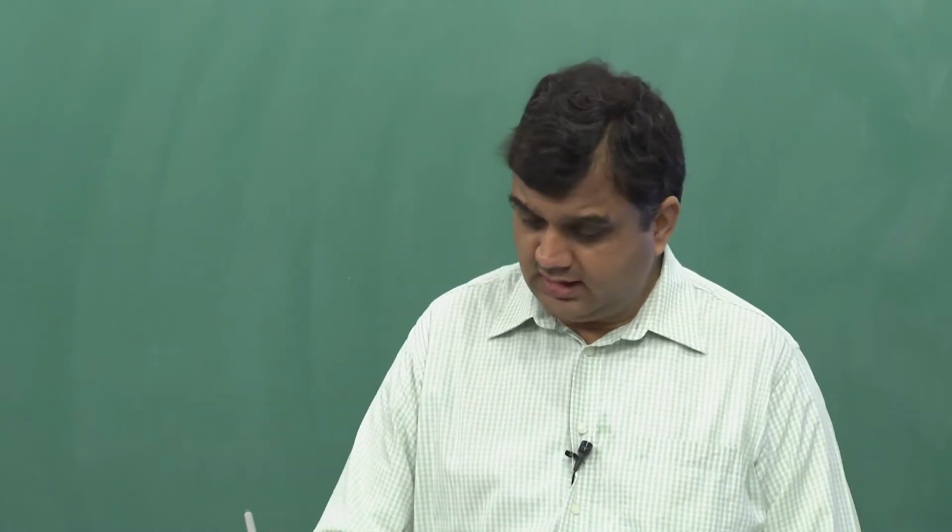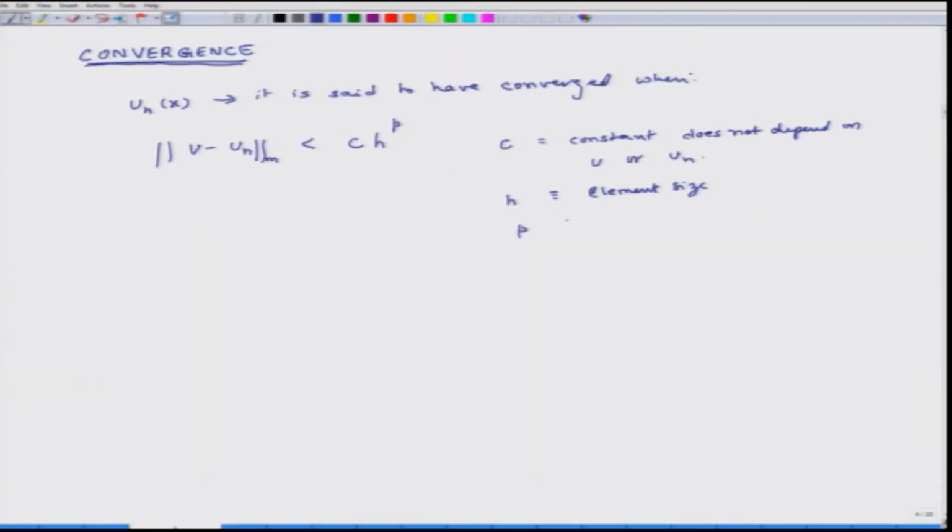And p is known as the rate of convergence, and it depends on two things.